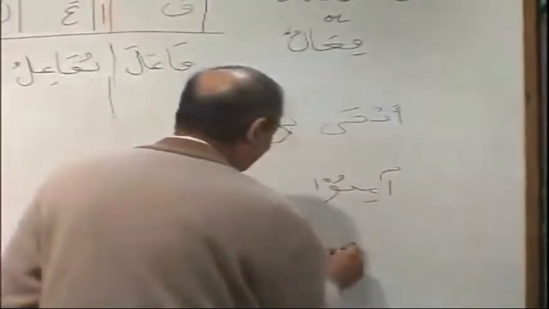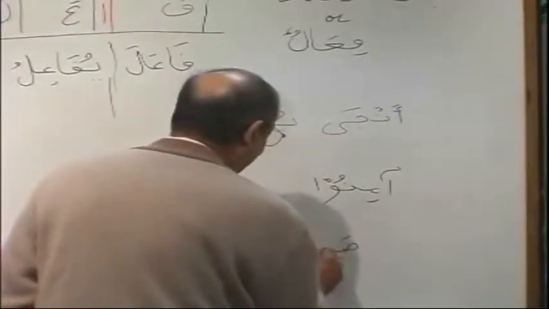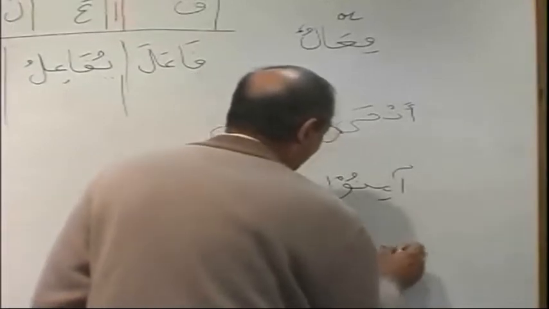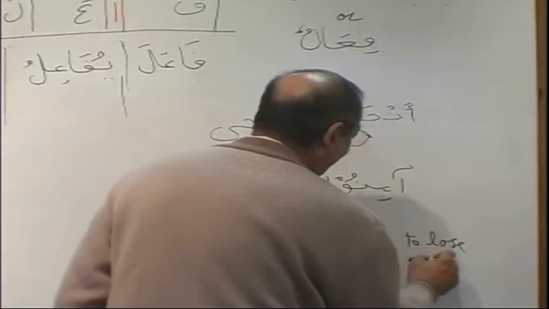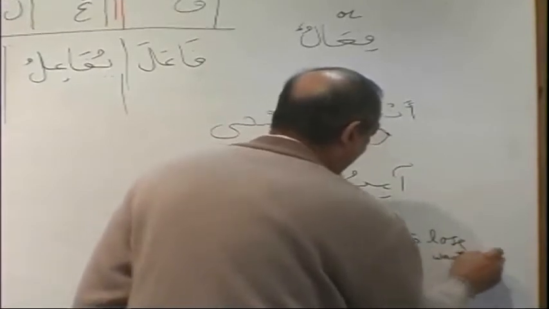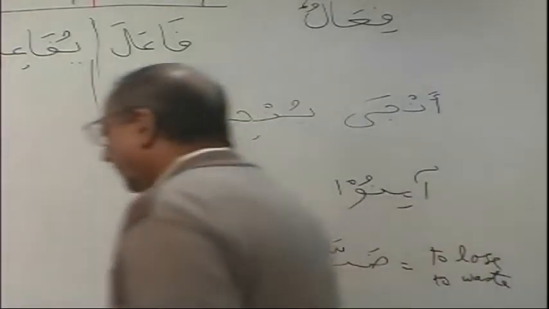Form 2. What is the verb? Dayya'a. To lose or to waste time. La yanbaghi. It is not befitting. Okay? It is not appropriate for a student to waste time, brothers and sisters. To waste time. To lose time. Are you with me, brothers and sisters?